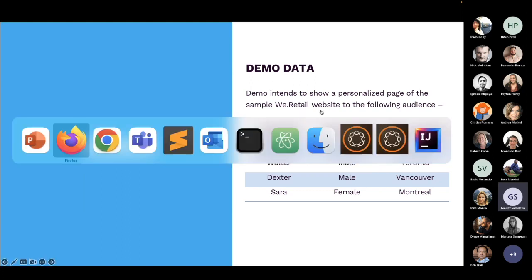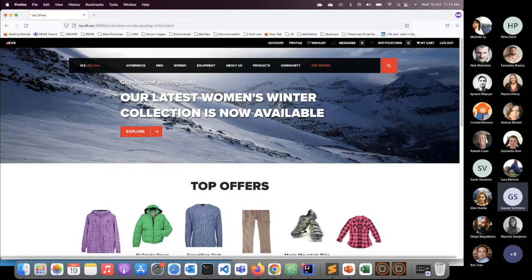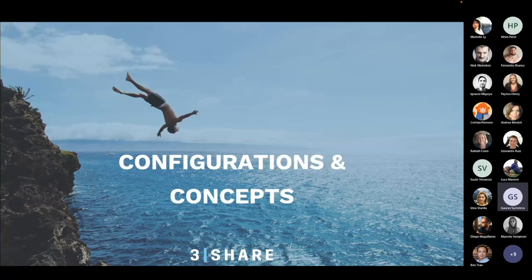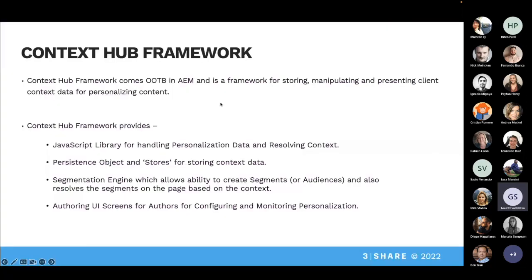So that was about how it works in publish and for the end users. Now we'll quickly move to see how it all works technically behind the scenes: configurations and concepts. Context Hub framework is the one which is actually making all of this work.